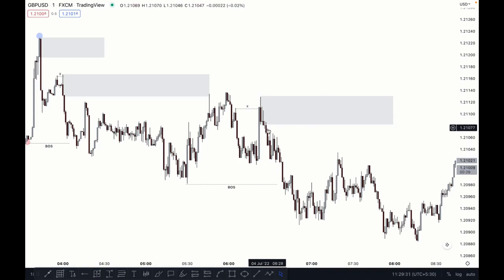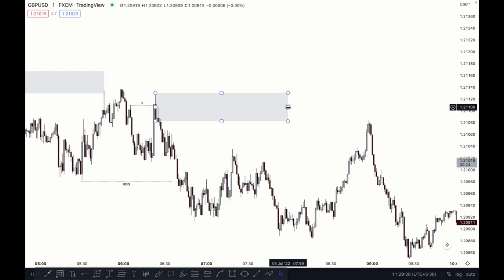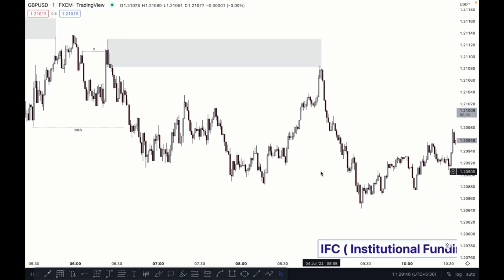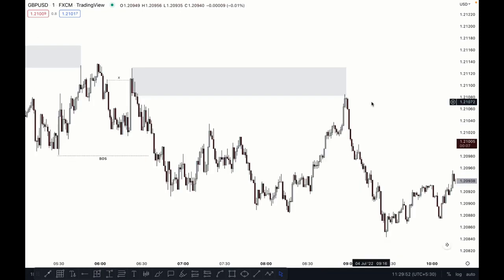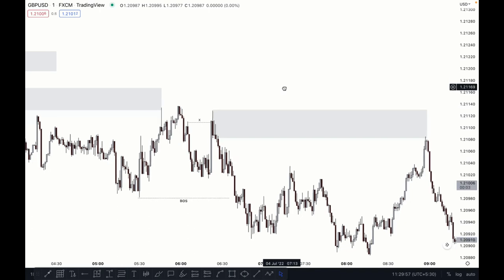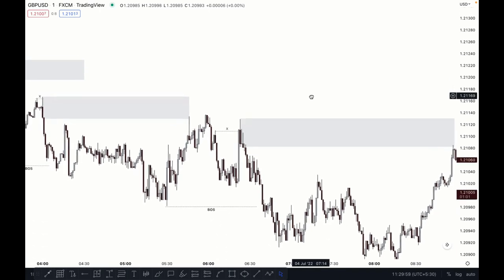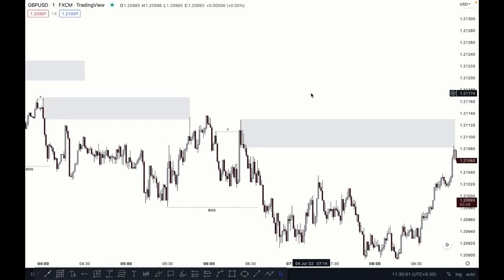Still there is no imbalance, but in another time frame there is still imbalance. So we can see the market tap on it and then push downside extremely. So there is a difference between IFC and order block. These are really powerful candlesticks, and I'm going to show you some bullish scenarios to mark the actual IFC.